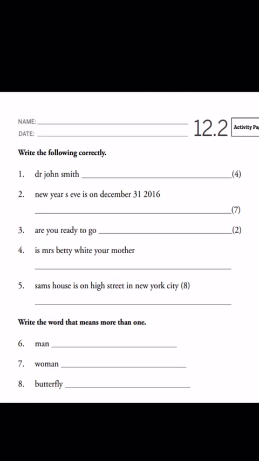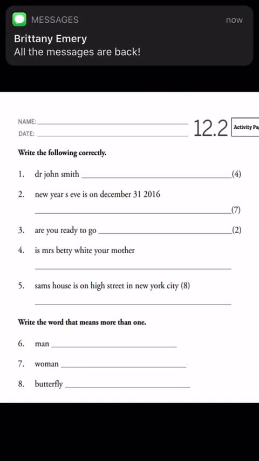Does it actually say doctor? No, it's an abbreviation. So what do we do when we have an abbreviation? That's right, you put a period. So right after Dr, right after doctor, you're putting a period.